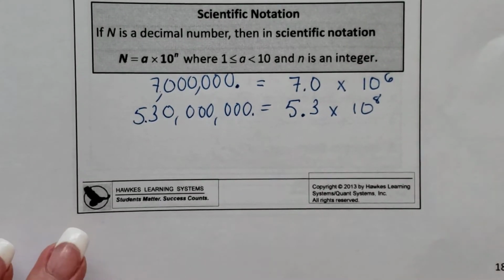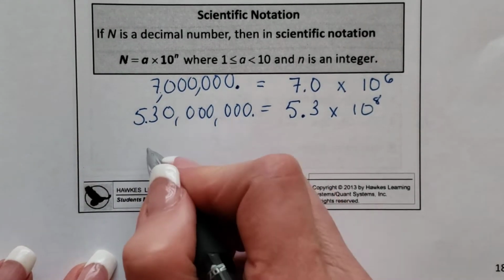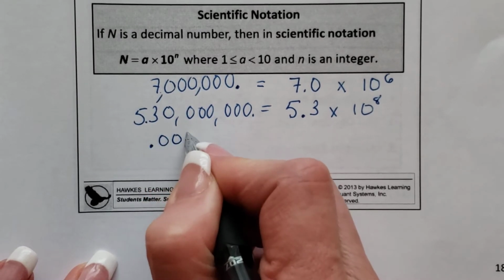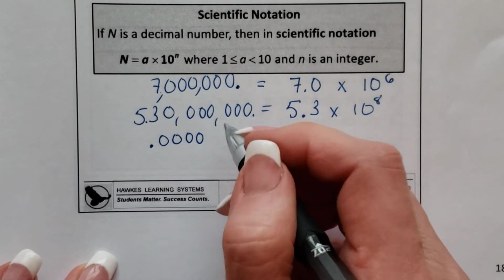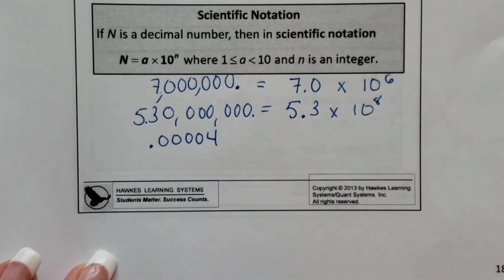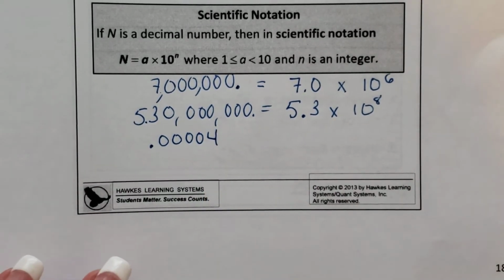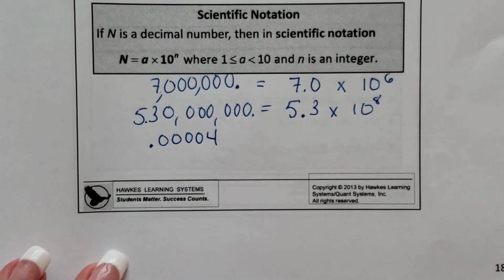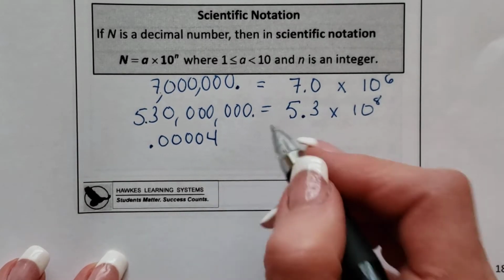Well, I can also use scientific notation for very, very small numbers. So let's say I was weighing, I don't know, a molecule. I don't know anything about science, but just pretend I know what I'm talking about. Well, I want to write this very, very, very small number in scientific notation. Same rule applies.